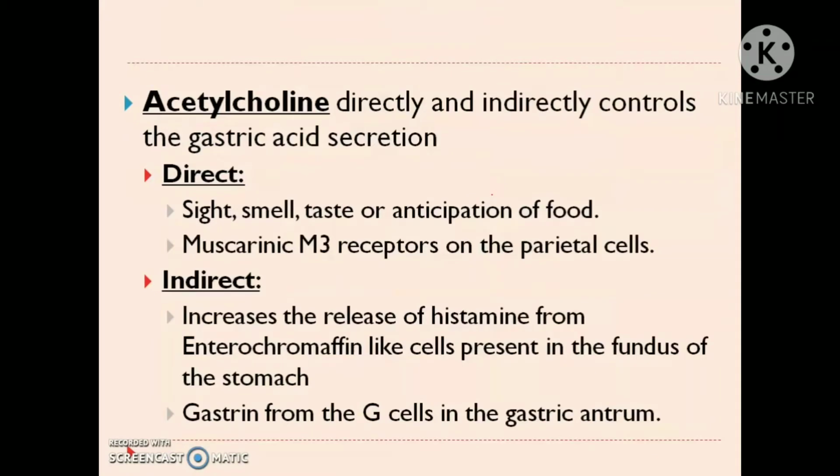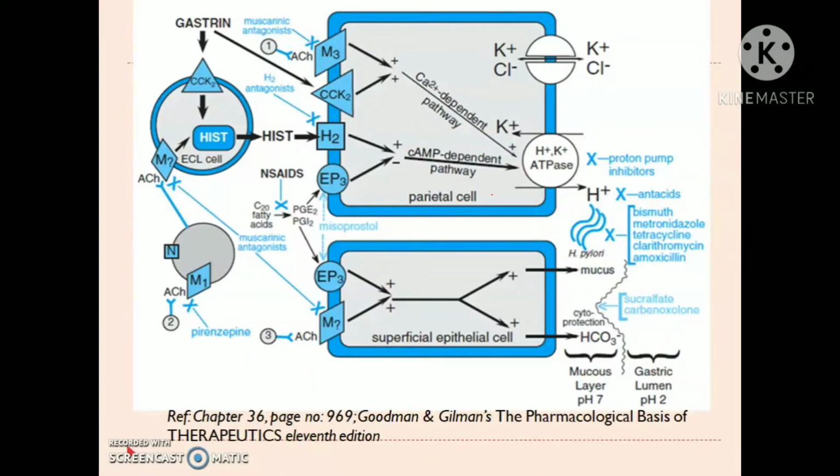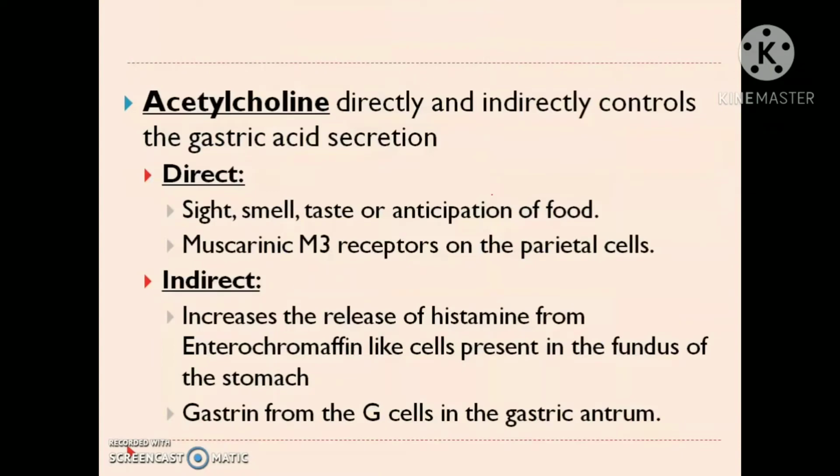The increased gastric secretion is because of the involvement of the parasympathetic system, that is, the acetylcholine released from it. This released acetylcholine can directly act on the muscarinic receptors present in the parietal cells and cause the release of gastric acid or hydrochloric acid.